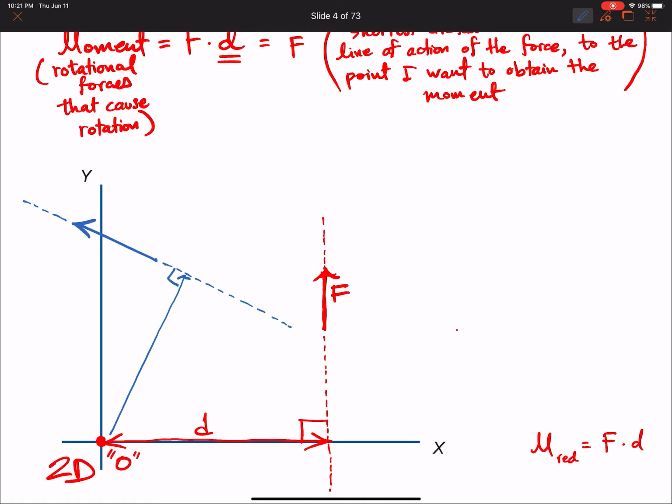So perpendicular, and this is my D for the blue force. So M for the blue force is equal to F times D, all blue.